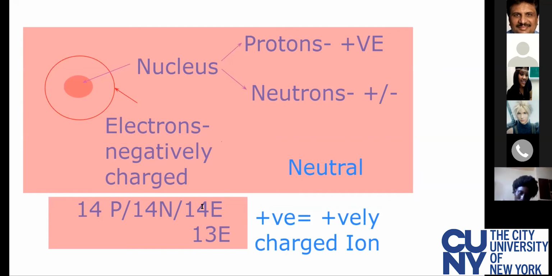When an atom loses an electron, it becomes a positive ion, and when it gains an electron, it becomes a negative ion. I went a little bit more into defining electrons, protons, and neutrons. So let's look at the next question.